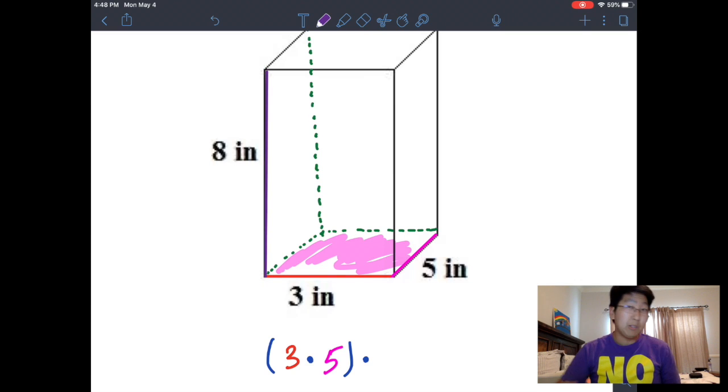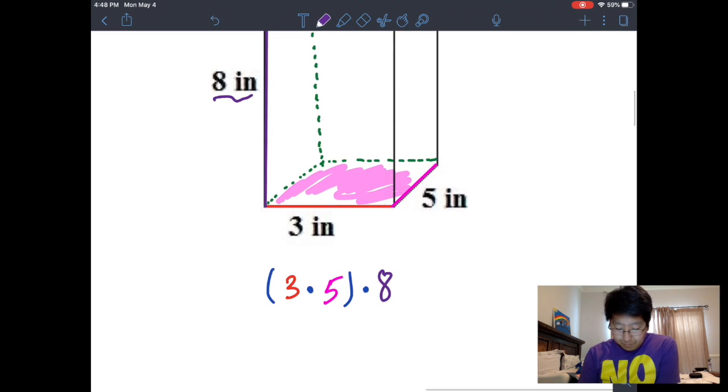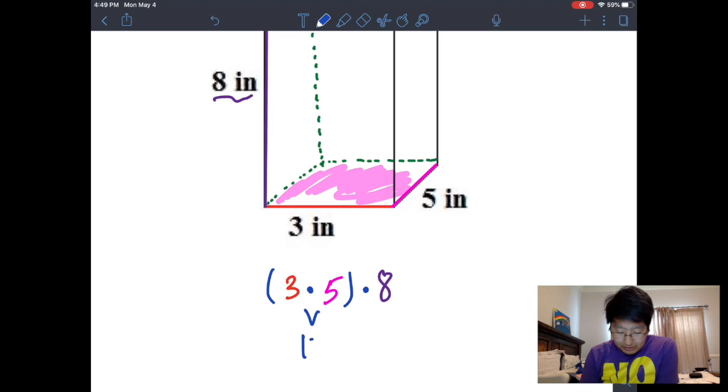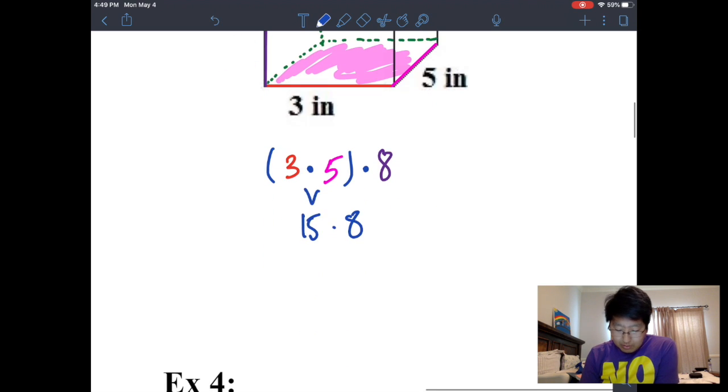This kind of reminds me of my cereal box because it is taller, right? So 8. 3 times 5 I know is 15, right? 15 times 8. We'll plug that into my calculator, and guess what I get? 120 inches cubed.